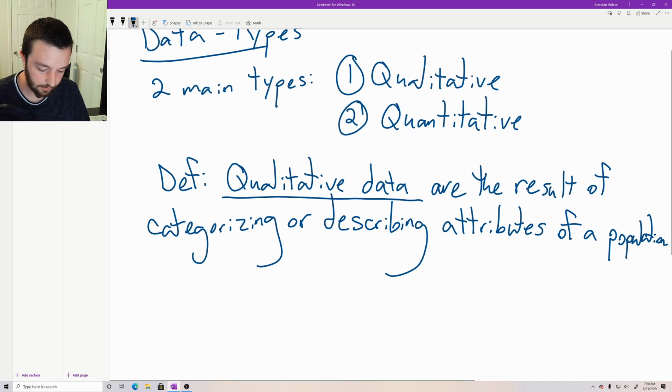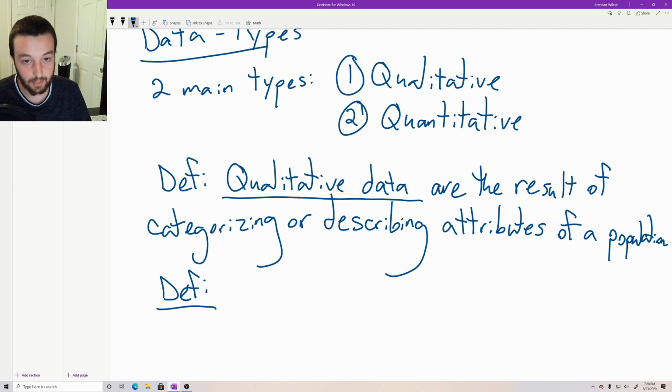On the flip side, that leaves quantitative data to be the stuff that we can describe numerically.